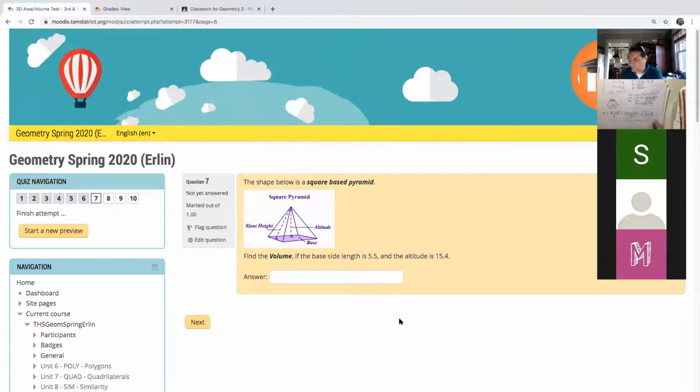How is this problem different? It tells us that the base is a square and the altitude is 15.4.